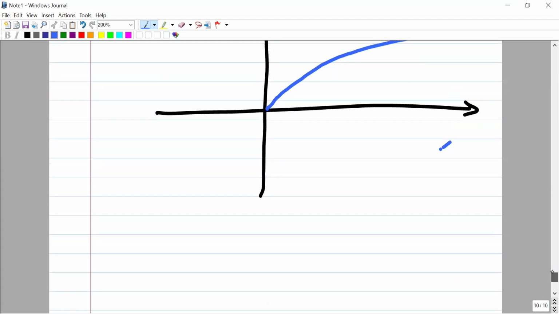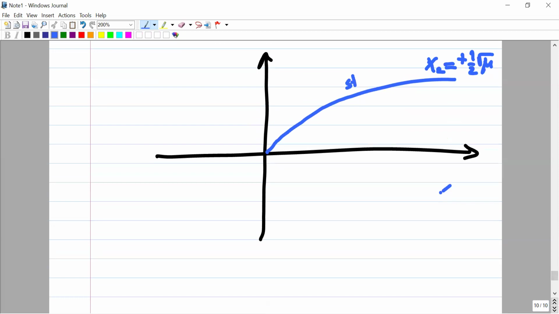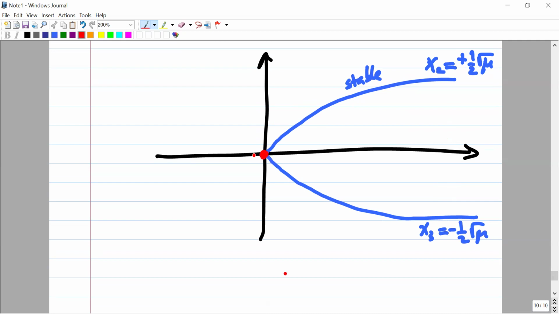All right, it's stable, so we are not worried. Then this one also does the same. And this is x3 equals minus half root of mu. And we know here at x equal to 0, that's where we have our bifurcation point.